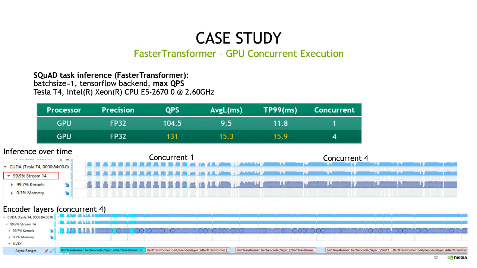Remember that on GPU, we use multiple streams to run concurrently, but actually TensorFlow didn't take this into consideration during its design, and it always uses a single stream for execution. But we still have a performance gain. Why? You can look at the QPS, it's raised from 100 to 130. We still have a performance gain.